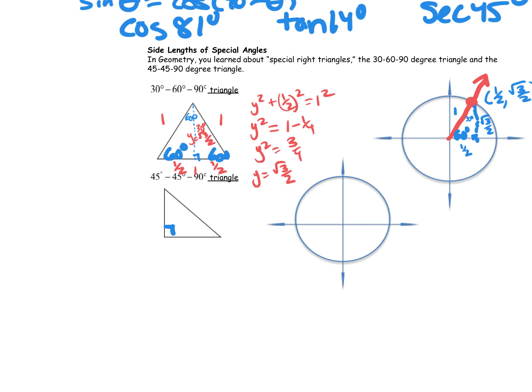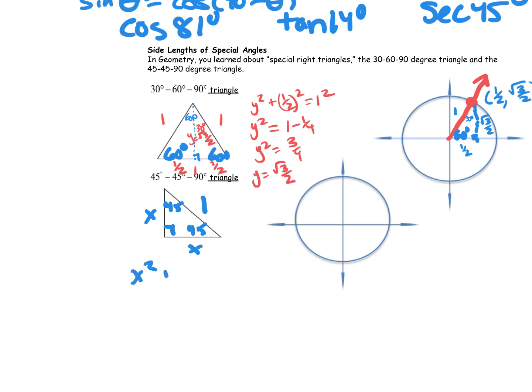Again, let's think of the hypotenuse as 1, kind of like the R value in a unit circle. In a 45, 45, 90, I know the legs are the same, so let's just call them x. Again, we can use the Pythagorean theorem to derive this ratio if we don't remember.